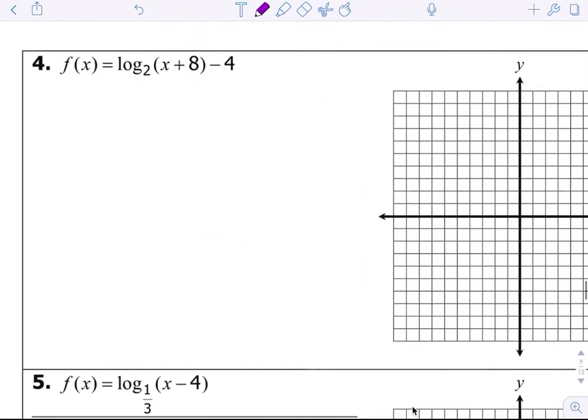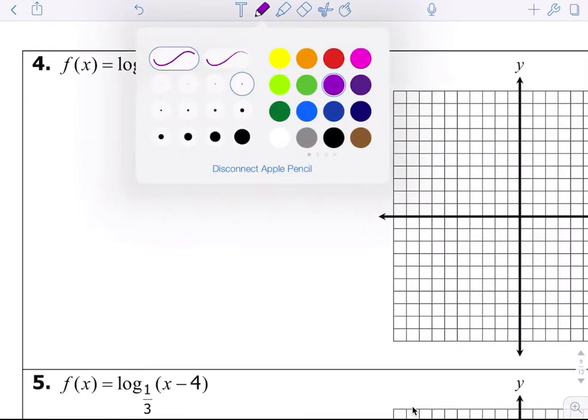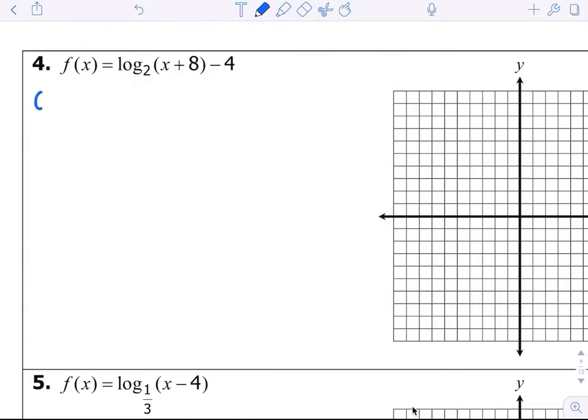All right, again, start with your critical values of 1, 0 and b, 1. Remember, this is your b value right there. So it's going to be 1, 0 and 2, 1. Now we are going to use our transformations.